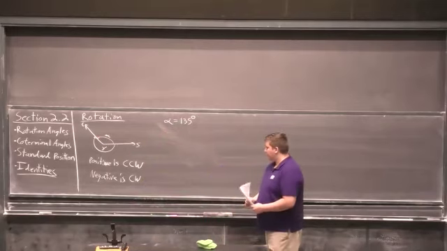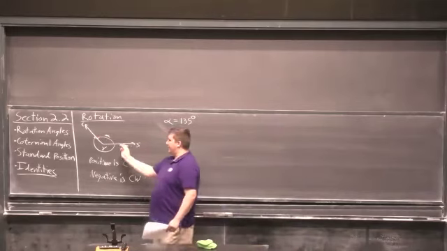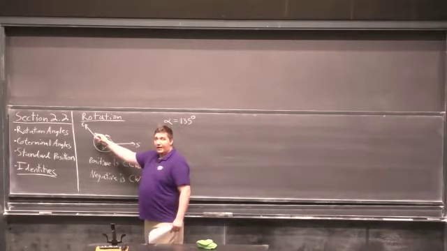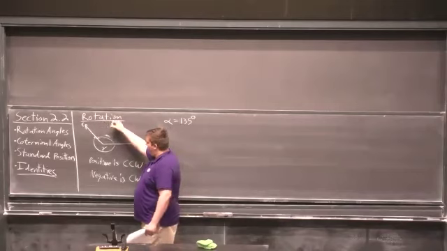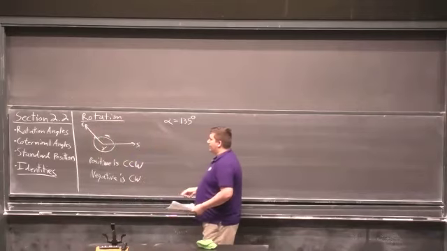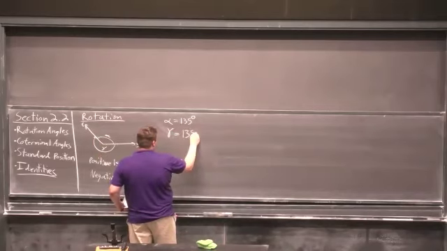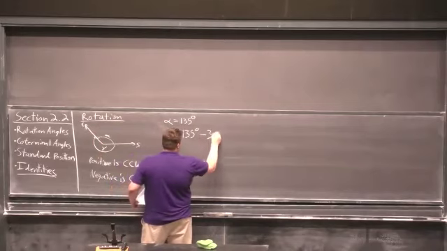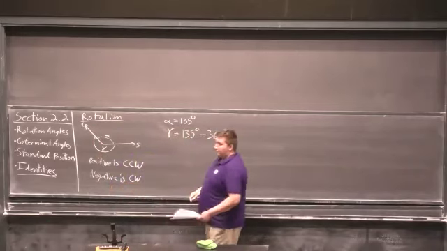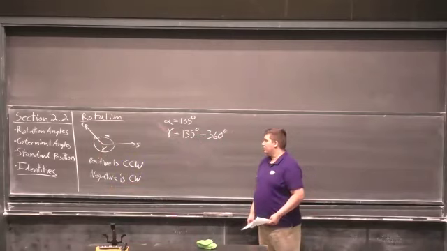Now, if I were to rotate this 135 degrees counterclockwise, and then I didn't stop here, I instead came back around and landed here, this would be that my gamma is basically 135 degrees minus 360 degrees because I went back in the clockwise rotation.